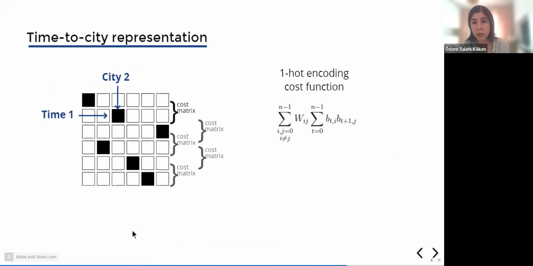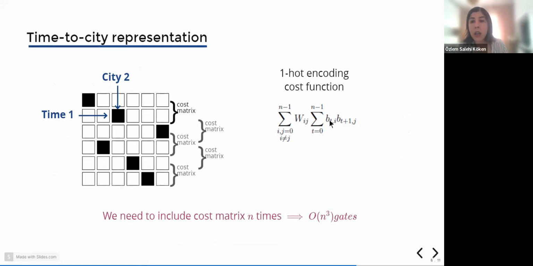So this is time to city representation, and this is what you have in QUBO formulation, meaning that you have binary variables of the form BTI, BT plus 1J, etc. And in this case, as you can see, you have a loop here going through all possible pairs of cities, and you have one more loop going through time points. Overall, you need to include your cost matrix n-cubed many times, and this results in n-cubed gates in the conventional QUBO approaches.